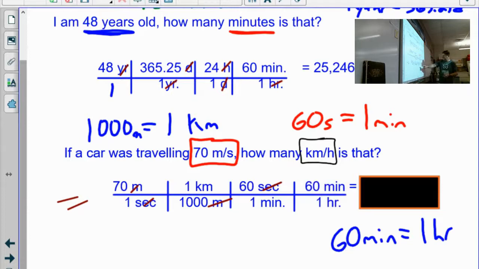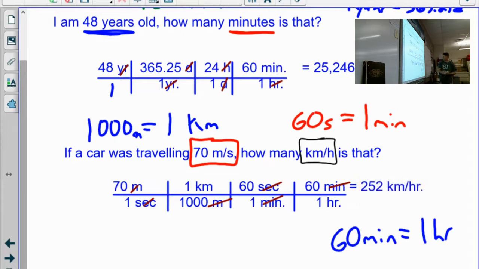And then I can see that my minute will cancel out my minute. My answer will be in kilometers per hour. Kilometers per hour. That's exactly what I wanted. So now I just have to do the math, multiply these numbers together, divide by the multiply these numbers together, and I come up with 252 kilometers per hour.